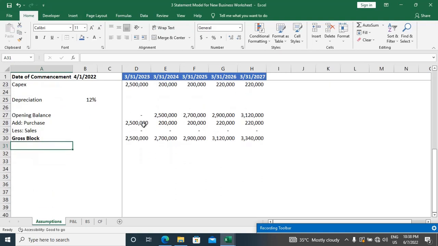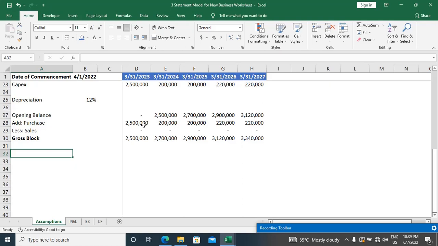The next part is something to do with the accumulated depreciation. So now you think how and on what amount you should be charging the accumulated depreciation. I'm giving you some time. Just think about it. On what amount you should be charging the depreciation.